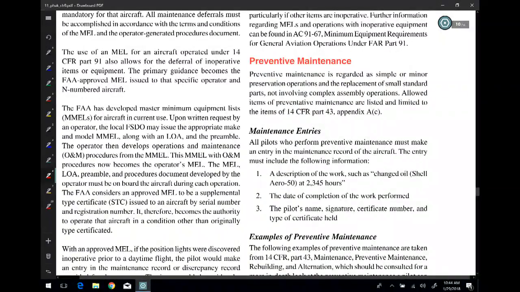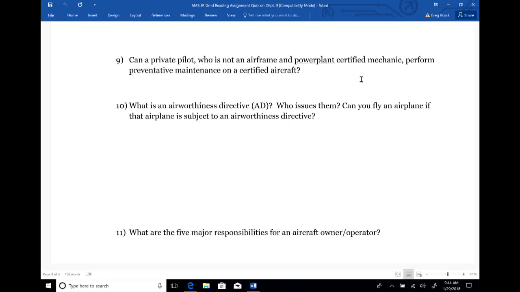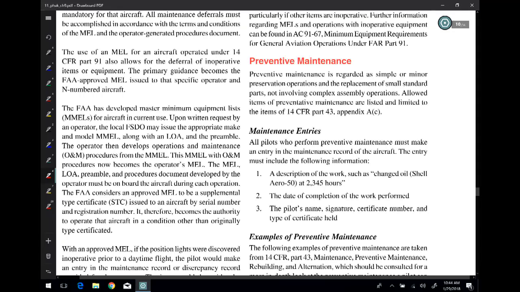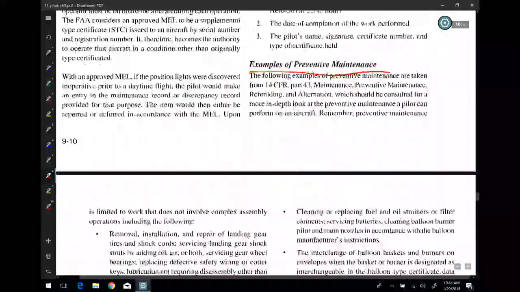Now then, question number 9. Take a look at that. Let's take a look here. Look, another heading. And here are some additional subheadings to answer question number 9.